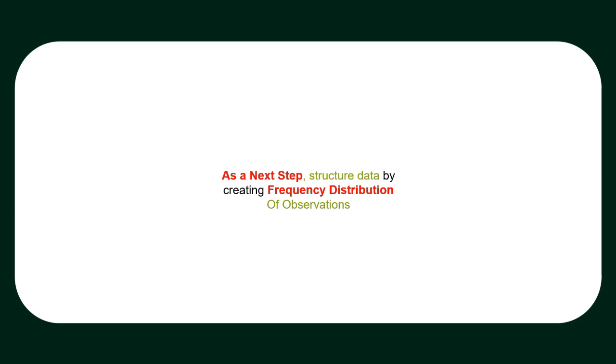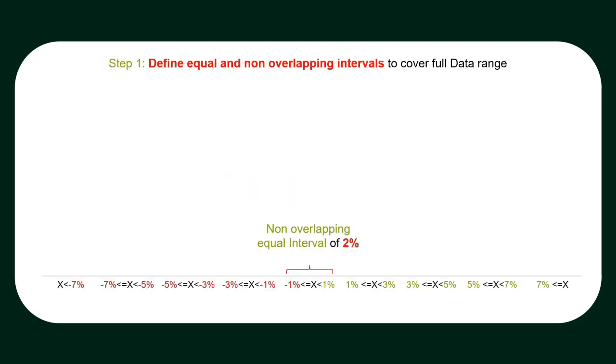Frequency distribution of these observations is done in 3 steps. As a first step, we will define equal and non-overlapping intervals for the full range of our observations from negative 8% to positive 8%. We have created 9 non-overlapping equal intervals with 2% width.